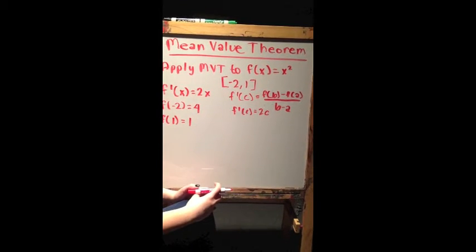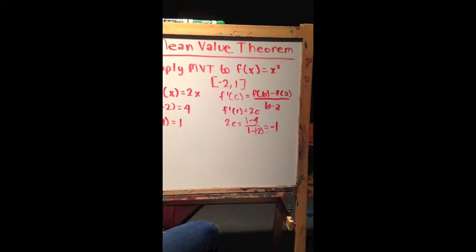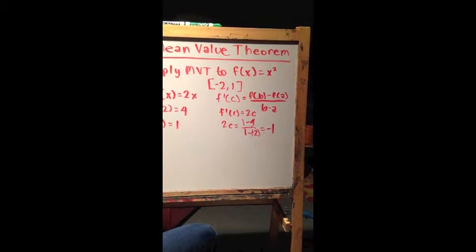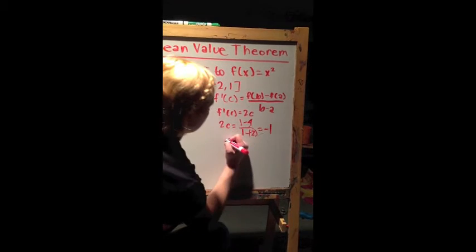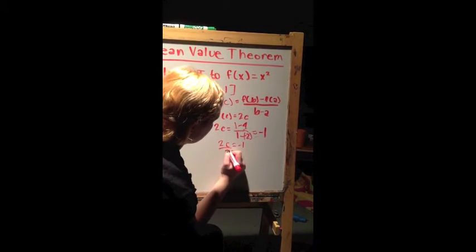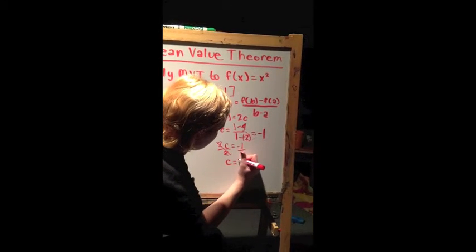And then you would set 2c equal to 1 minus 4 over 1 minus negative 2, which would equal negative 1. So 2c equals negative 1. You would divide out the 2, making your c equal negative 1/2.